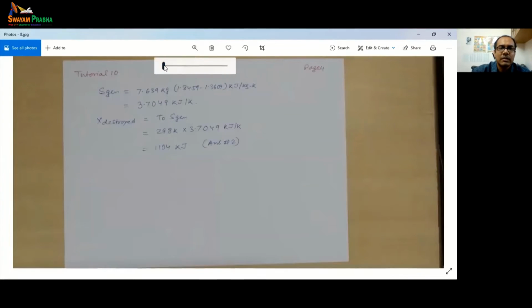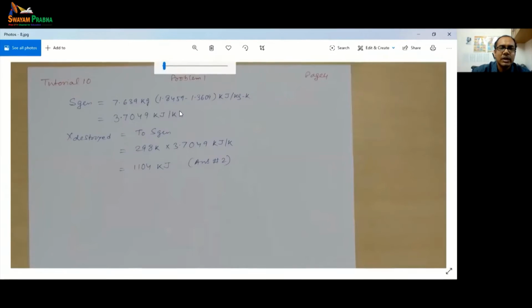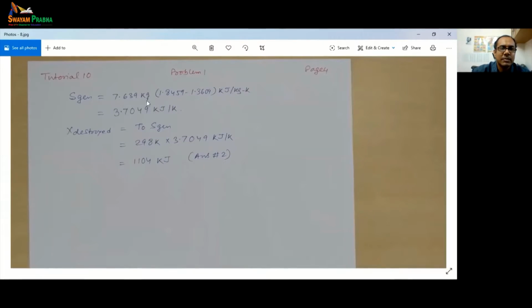We can figure that out by putting in the values we already obtained. This is the mass, 7.639 kg, and S2 minus S1, which we obtained from the steam table and subsequent calculations, where some properties were given and some we had to find out. Ultimately the entropy generated comes out to be 3.7049 kilojoule per Kelvin.